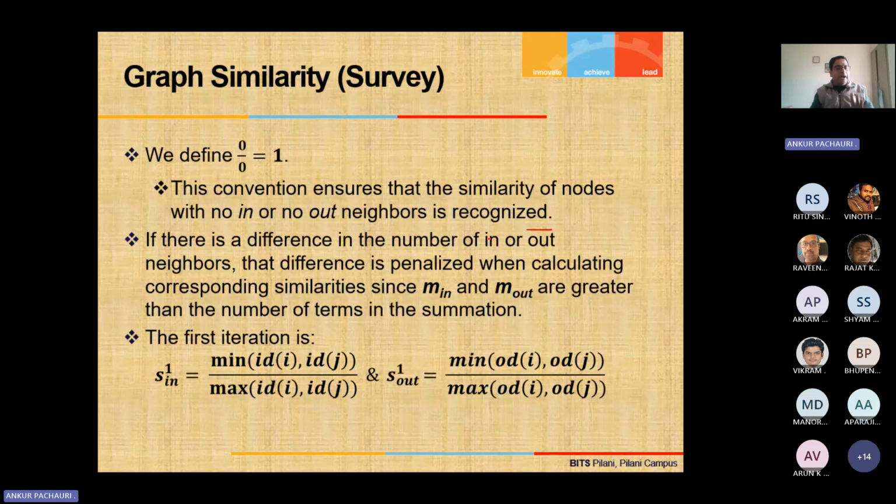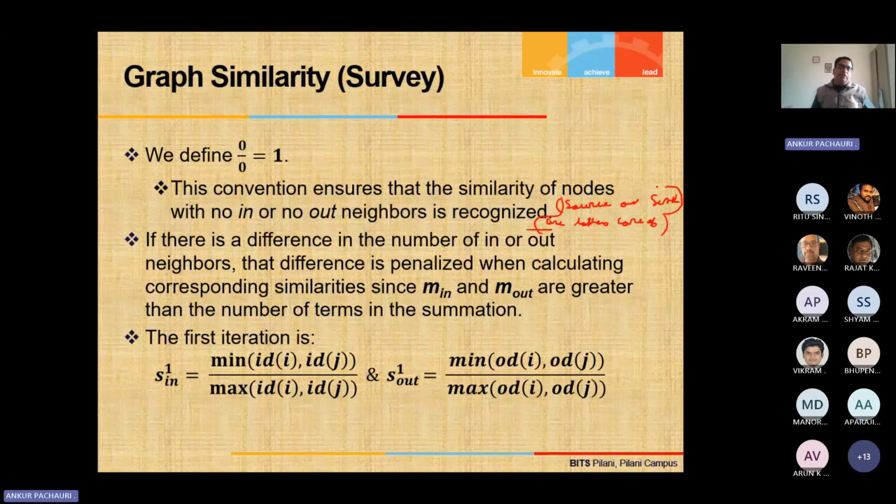Means sources and sinks have to be taken care of, because for a directed graph, these are the problem areas.